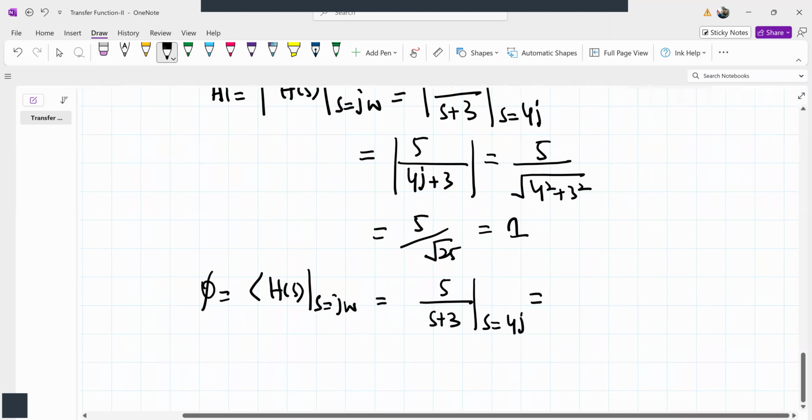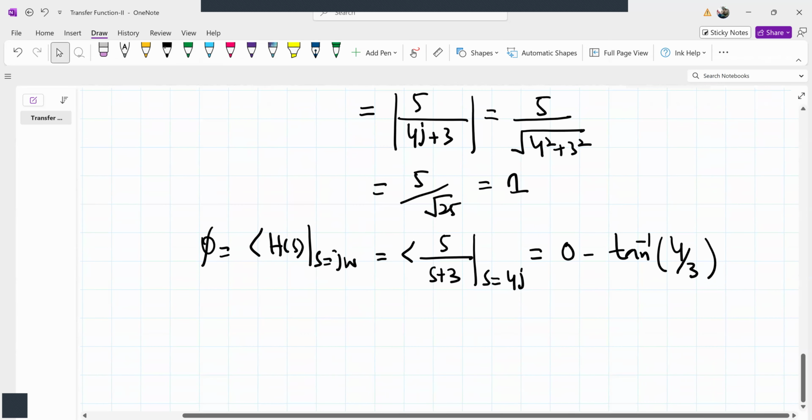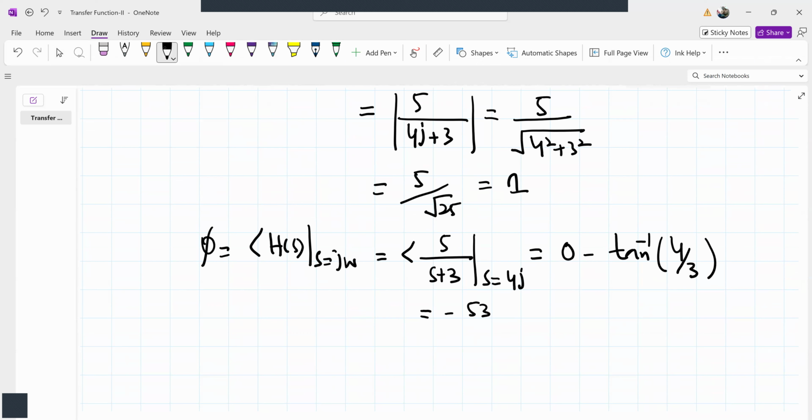So if we substitute the value, angle contained in the numerator is 0 because this is a real number. So it will be 0 minus tan inverse 4 divided by 3. Now tan inverse 4 by 3 is 53 degrees, so minus 53.13 degrees. Please check this calculation one more time.